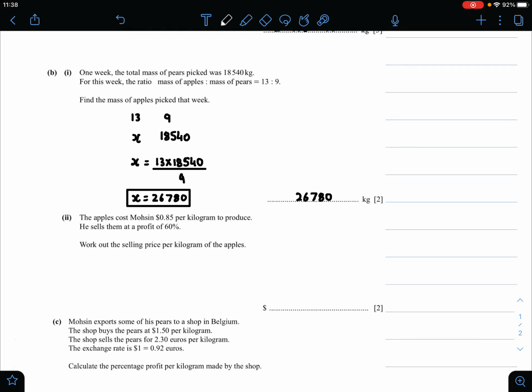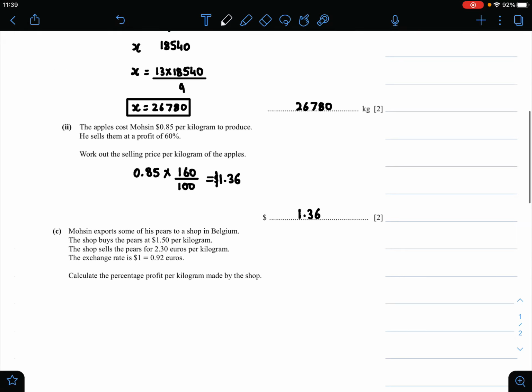So you could take it as 160 out of 100. So basically your answer would be 0.85 multiplied by 160 divided by 100. And if you put this in your calculator, you will get your final answer as 1.36 dollars. So that would be your final answer for part B2.